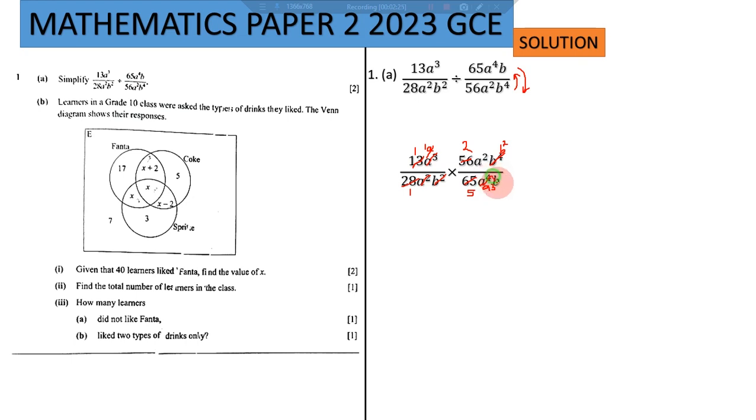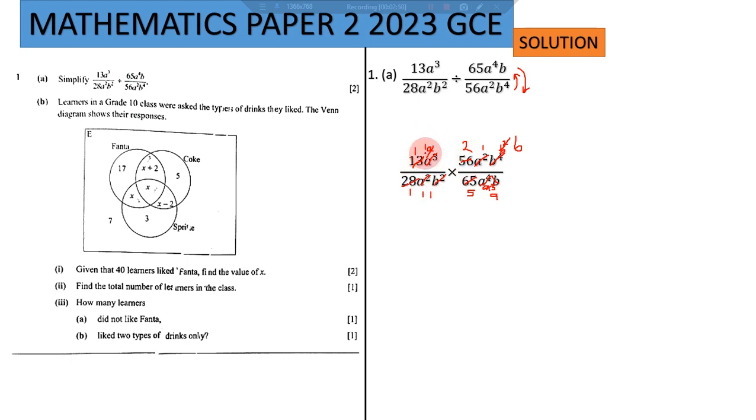The b can go; we have 2 b's on top here, so we'll remain with the b. Then the a's, we have a to the power 3 and a to the power 2 here, so we can cancel a into a, 1, a squared into a squared, that is 1, and a squared into this, we remain with a. So here we have 1's, even here we have 1's.